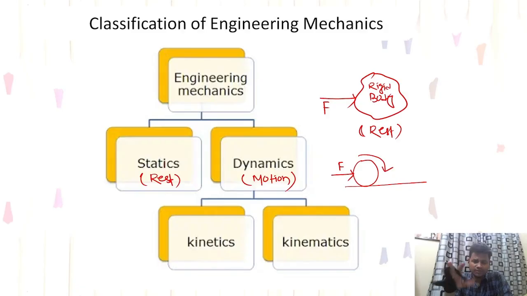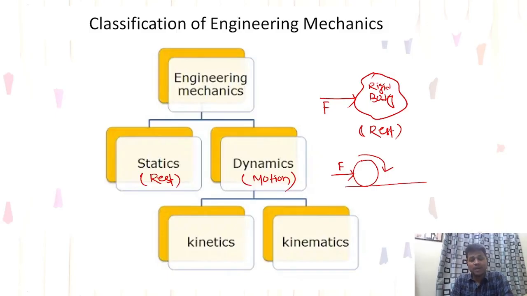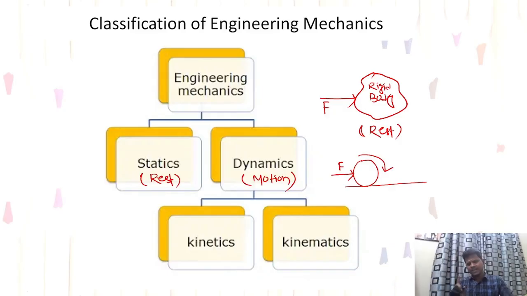And in dynamic position, the body is already in motion, then I will apply some forces, then the body will again show some effect, then I have to study those effects, that is dynamics. But dynamics is again two types: kinetics and kinematics.